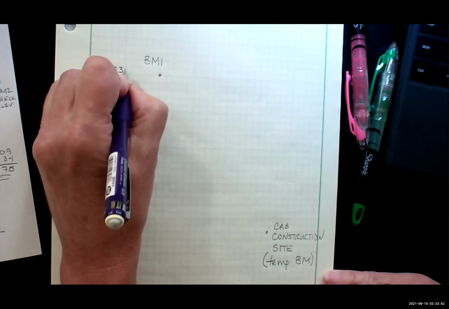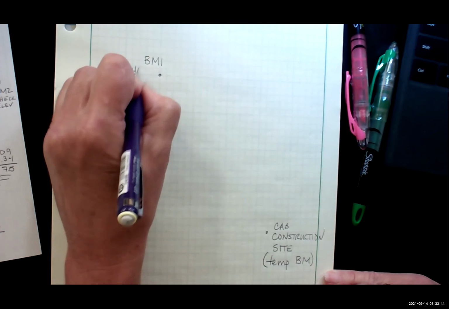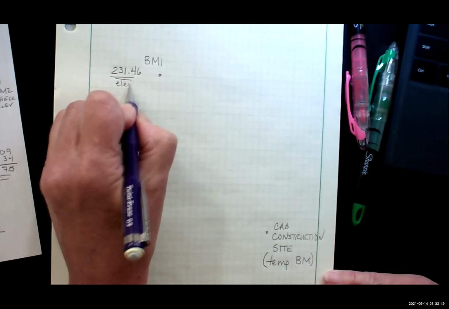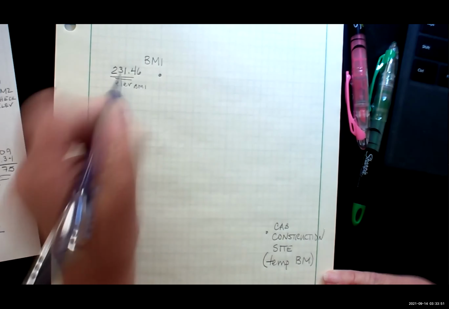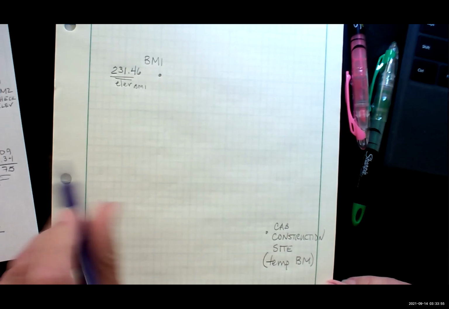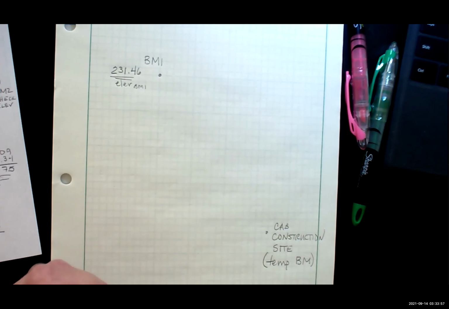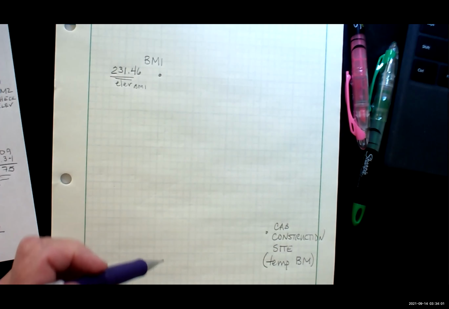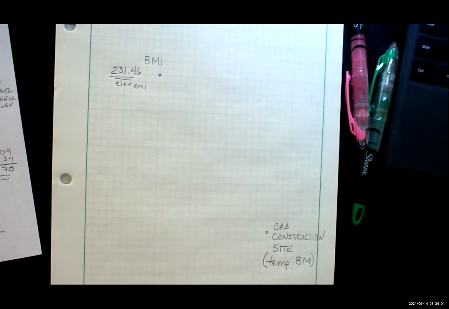I can't remember what it is, but I'm just going to make up a number. I know the elevation of benchmark 1 is this. And they're far away from each other, right? So what do I need to do? Beth, what do I need to do?